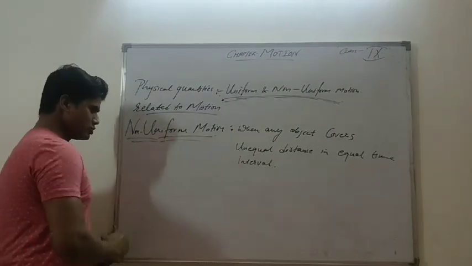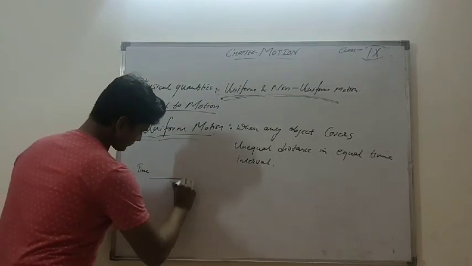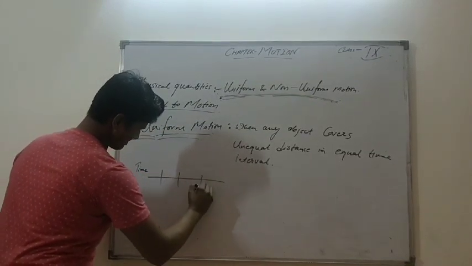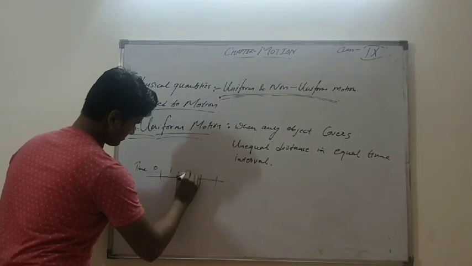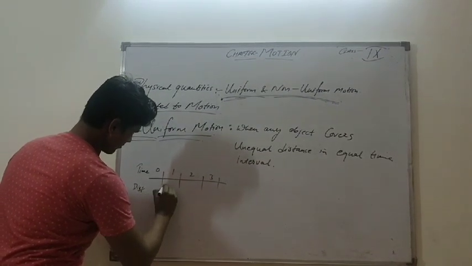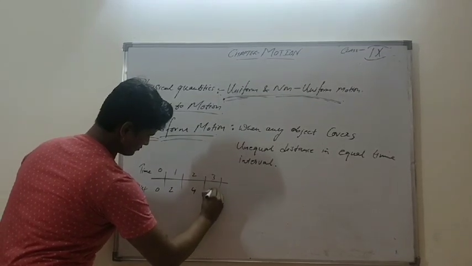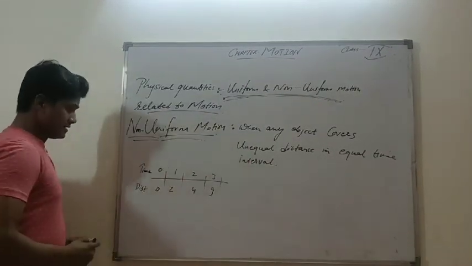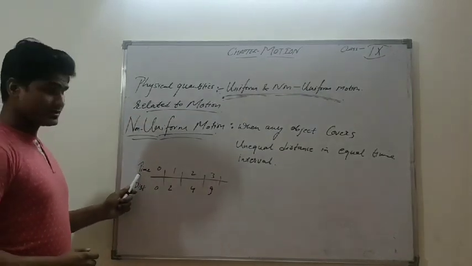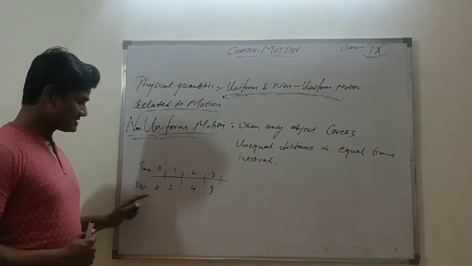This can be understood by the given data. In the given data, we can understand that in equal time interval, the distance covered by the object is different.